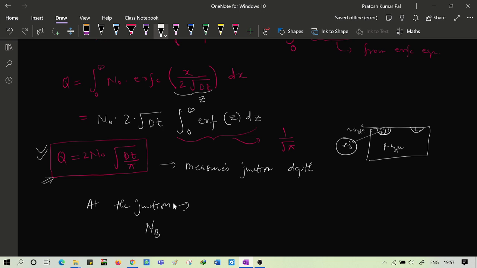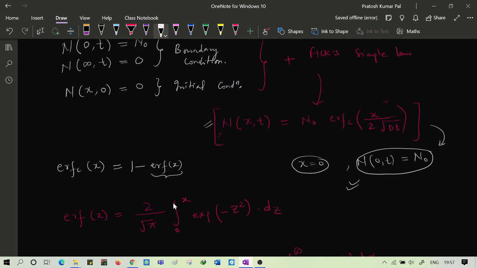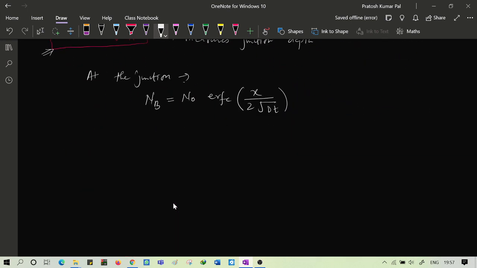Then by the complementary error function concentration equation above, we put in the n value at the xj location, that is the junction location, having concentration nb. So nb is given by n naught erfc of x divided by 2 root Dt. From this equation, by putting x equal to xj, whatever concentration comes out will be called nb, the boundary concentration.